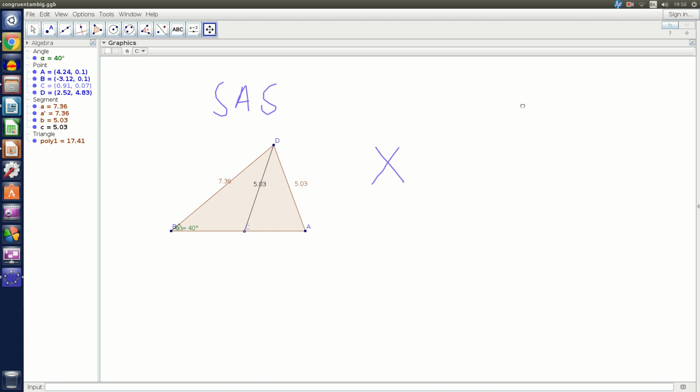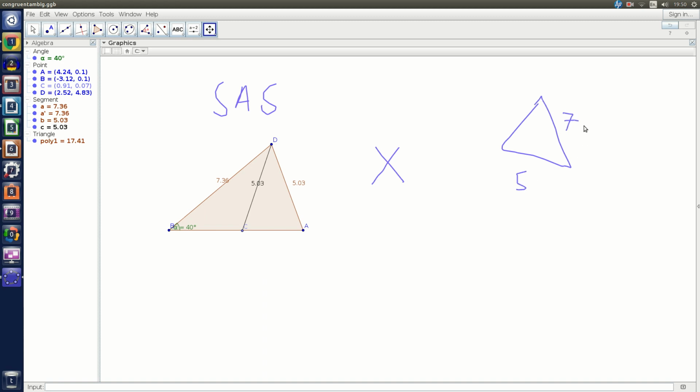This would be a triangle, if I can just show you two triangles, I've got a side here of 7 and 5 centimetres if you like, and then an angle of 20, and then I've got 7 and 5.